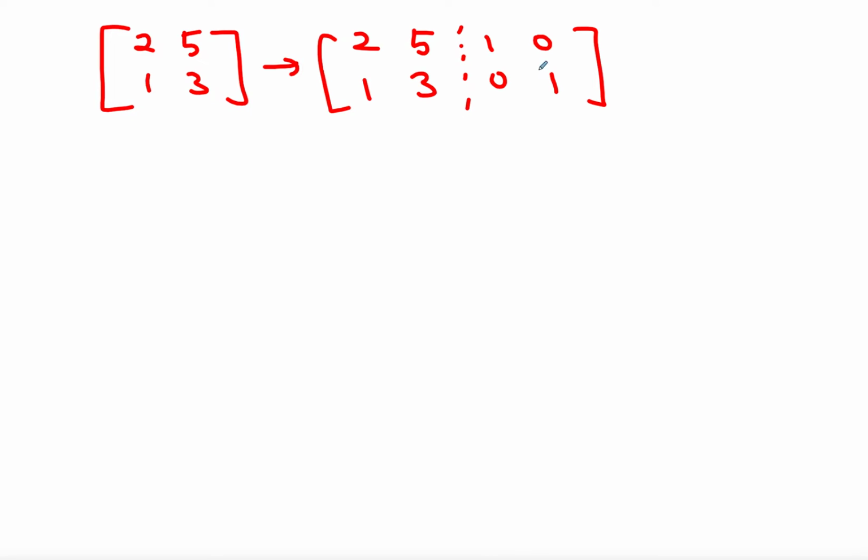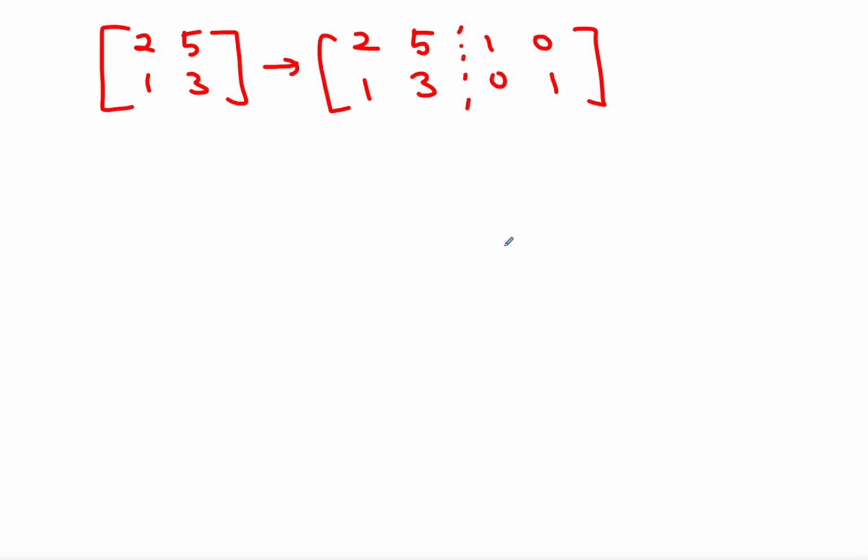This is my augmented matrix, with the identity matrix here. By row operations, I'm going to make my left side into the identity matrix.